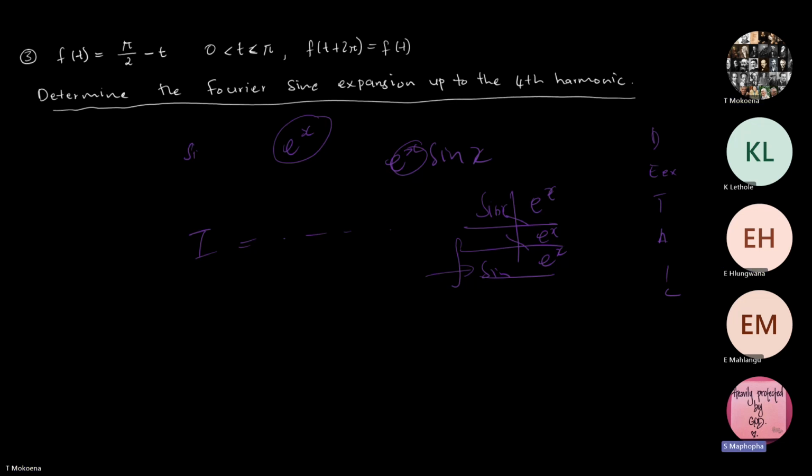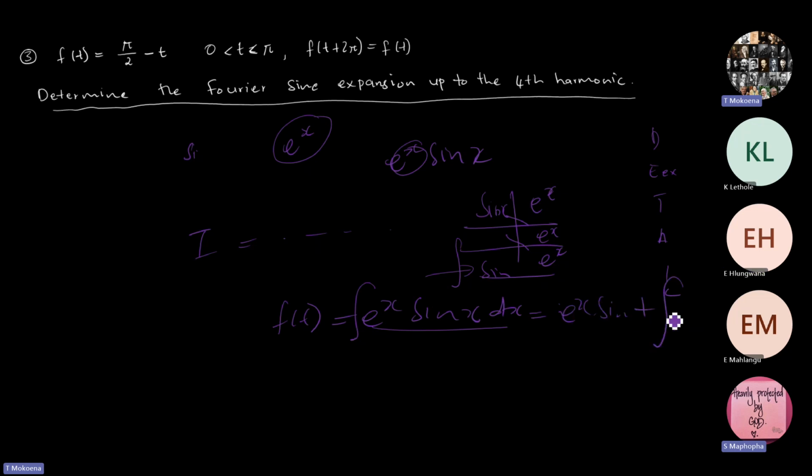Sometimes you will be given a function like this, a sine, and when you integrate this, you're going to get the same thing again. This is going to be equal to e to the x sine, plus the integral of the very same thing. Okay, you know what? We'll do it. It's fine.